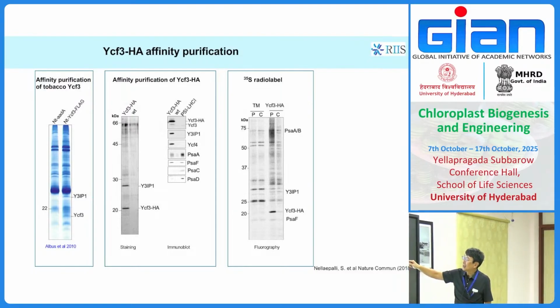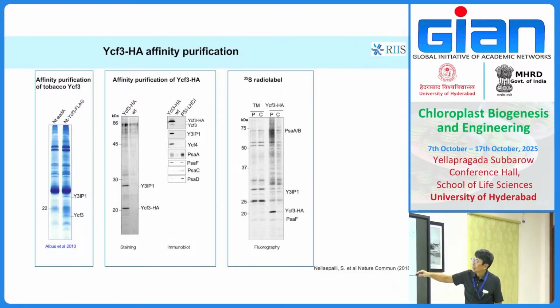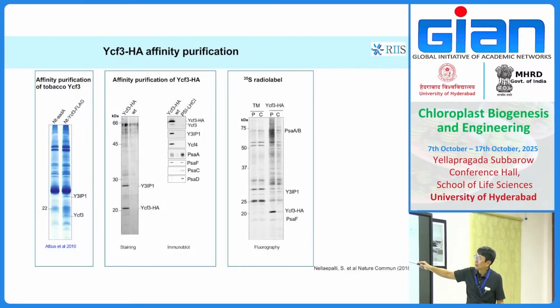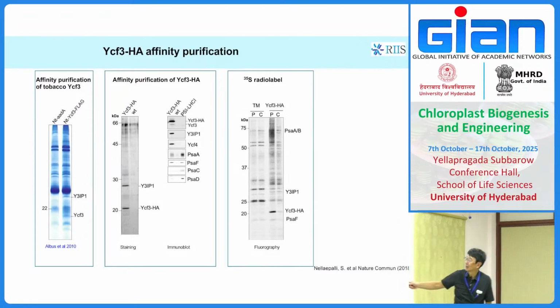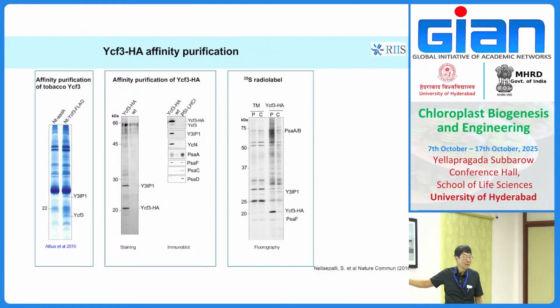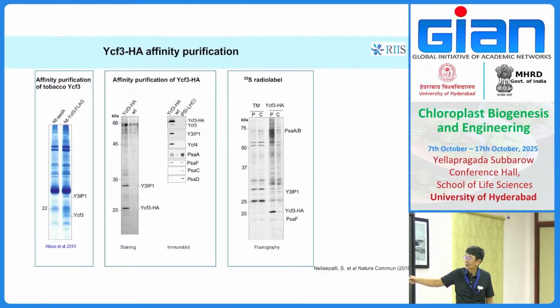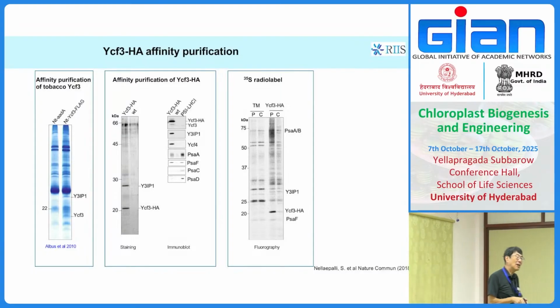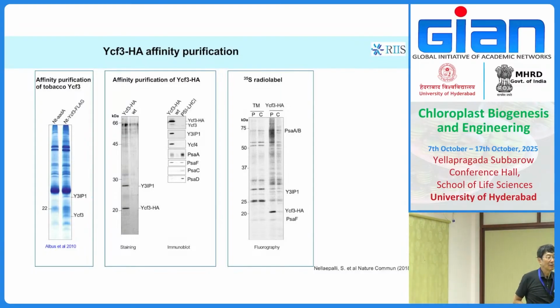But with YCF3-HA, you can purify here. And there is a little bit smaller, similar contamination, and also another band here. I should say it is pure, because the amount of YCF3 is a catalytic amount.